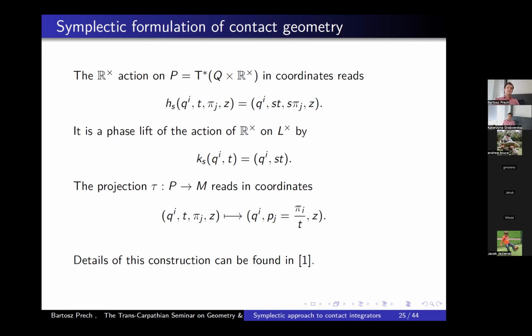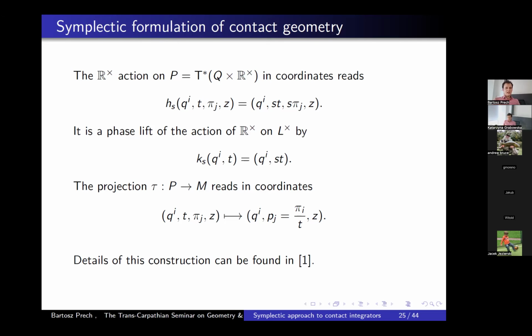It is projected and is invariant when the projection is pi_j divided by t. And details can be found in article 1.